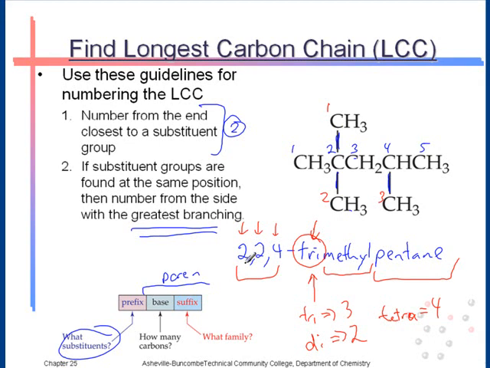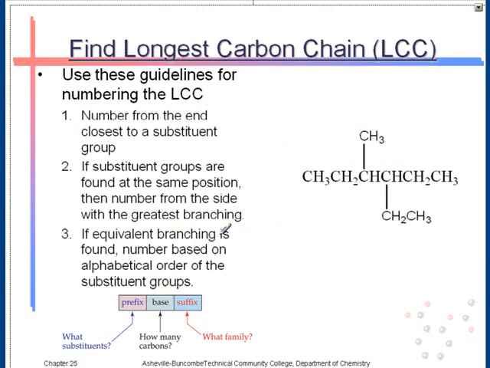By making it very explicit, by saying every single number that you see on that diagram, I know exactly where those 3 methyl groups are going to show up. I know that 2 are on the number 2 position, and then the third one is on that number 4 position. So that's why we need all of those numbers. If it was just 2, 4, it only accounts for 2 of the methyl groups, and that third methyl group could be anywhere in the central part of this molecule. So this method ensures that there's no ambiguity in the name.